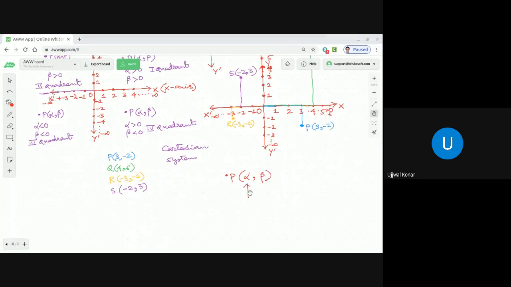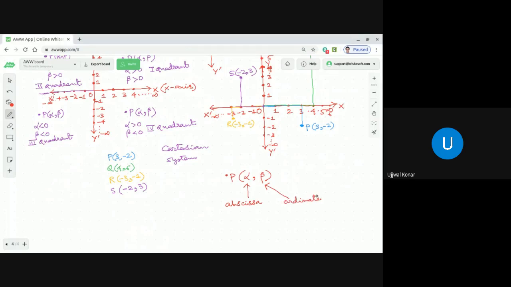It also has a name: it is called abscissa, A-B-S-C-I-S-S-A. And the y coordinate, that is beta, is also known as the ordinate.